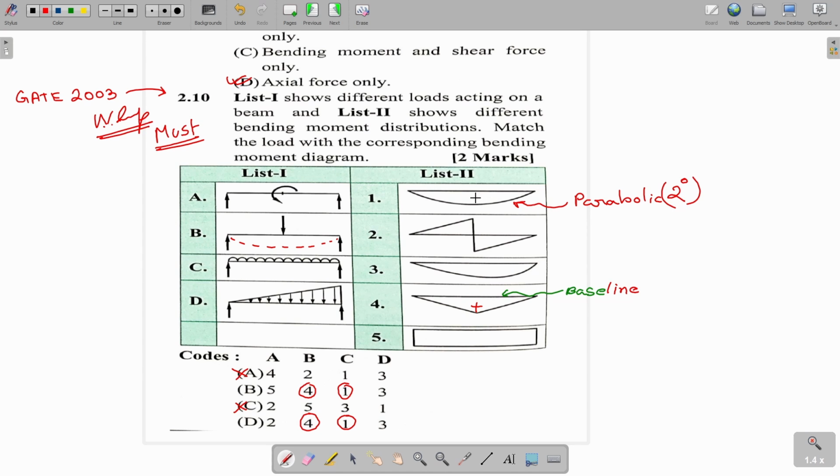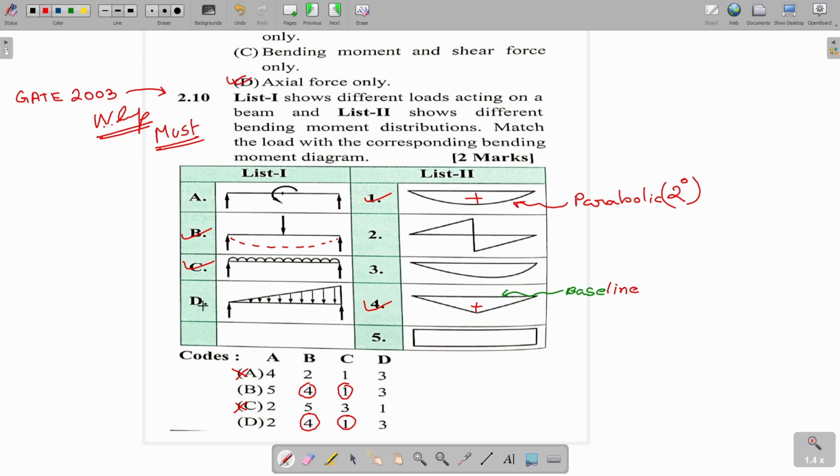Option number C is also positive. So these two have been cancelled out. That is option B with option 4, and option C with option 1.